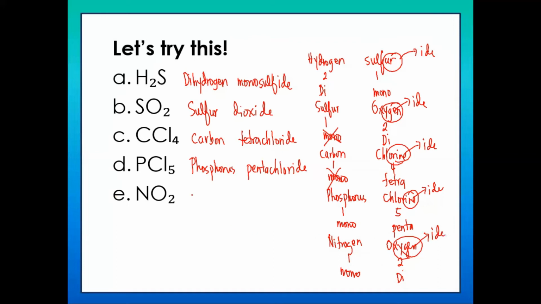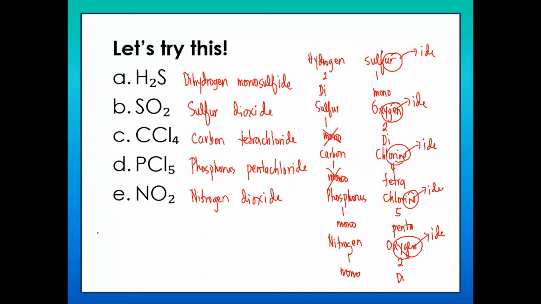Putting all together, you have nitrogen dioxide. Okay? So hopefully you follow well my discussion or explanation on how you will name the given covalent compounds based on its formula.